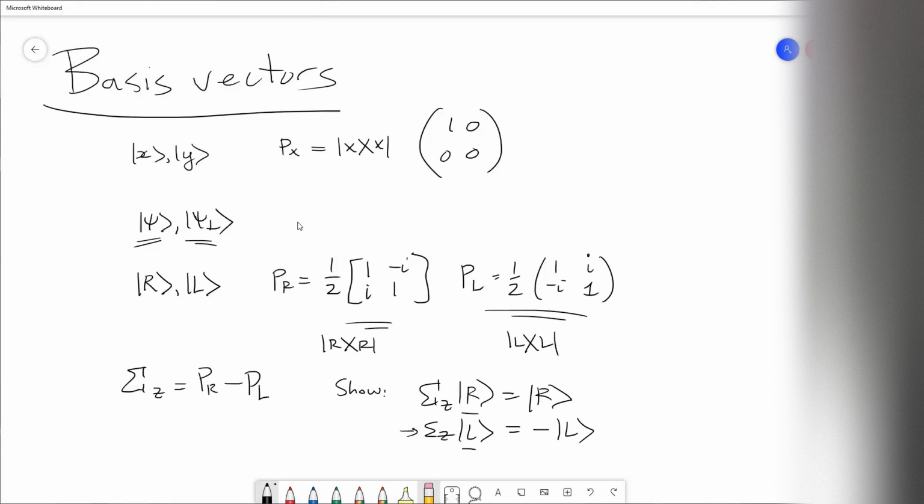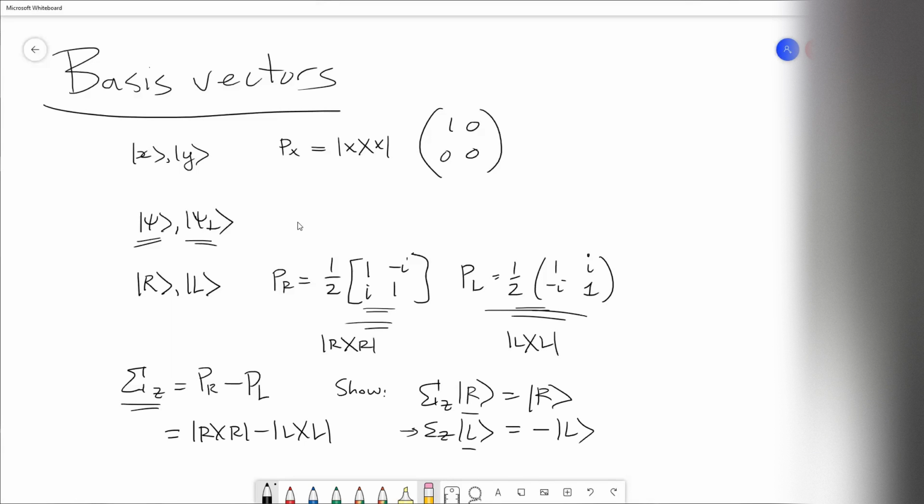And moreover, this thing is Hermitian, because these things are Hermitian. It's just R minus L.